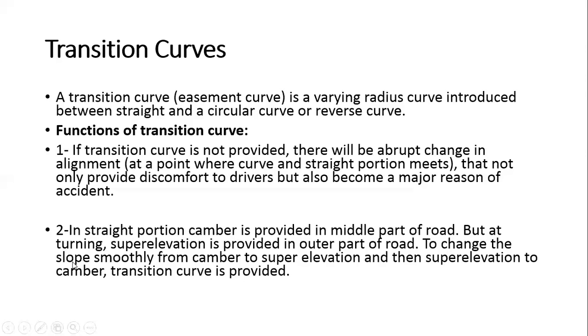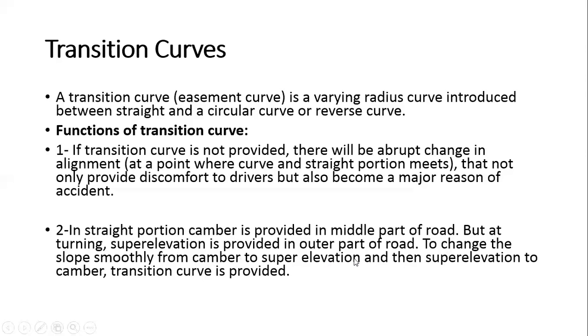Now, we have to change the slope smoothly from camber to super elevation. Initially, when the road is straight, we have provided camber, and at the curve, we have provided super elevation. So there is a continuous change of slope from a straight road to a curve.